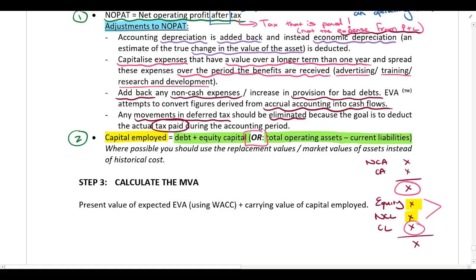And when performing this calculation, you should use replacement values or market values of assets instead of historical costs. So don't just take the historical cost or the carrying value from your statement of financial position. Instead, rather use market values or replacement values if possible.